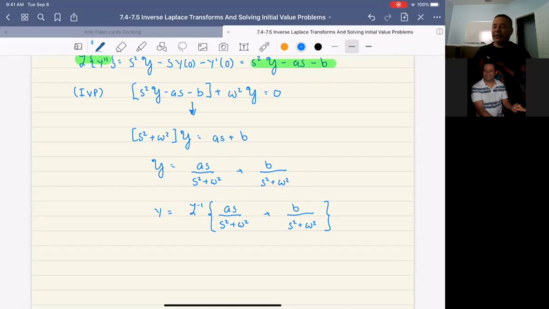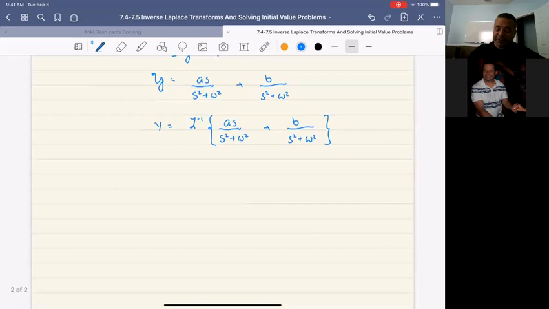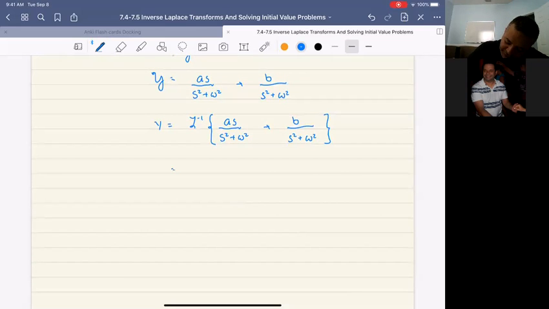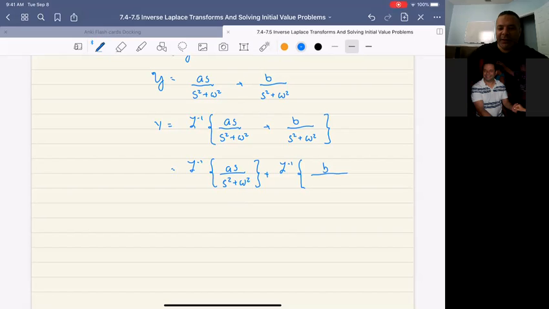So that means we can just take the different pieces and find the inverse Laplace transform of each different piece. So this is going to be the inverse Laplace transform of a s over s squared plus omega squared, plus the inverse Laplace transform of b over s squared plus omega squared.